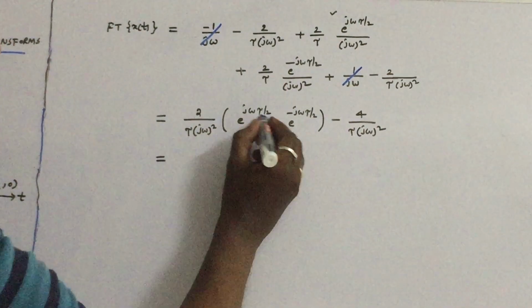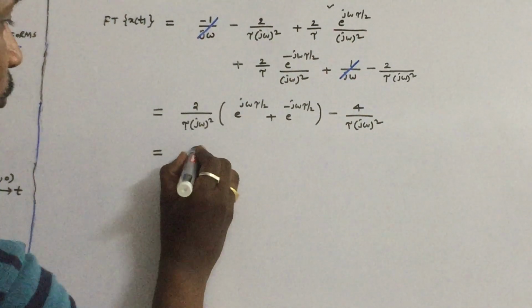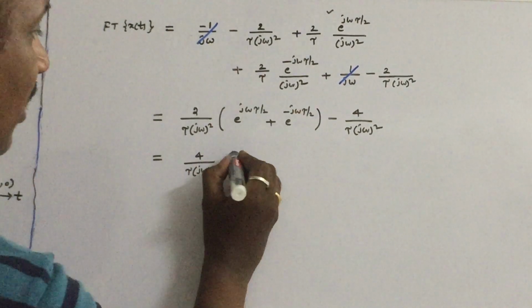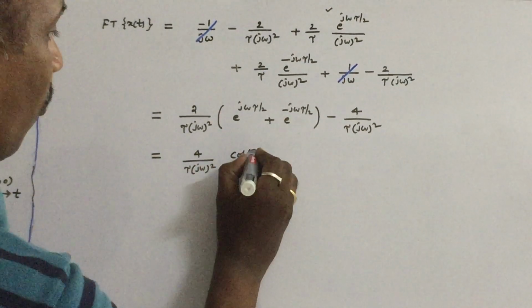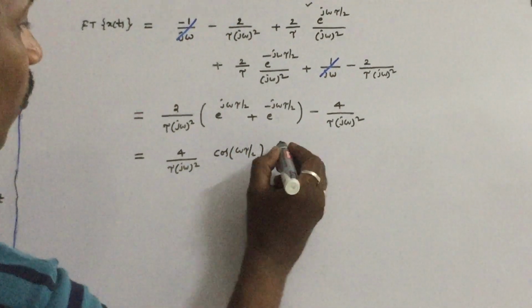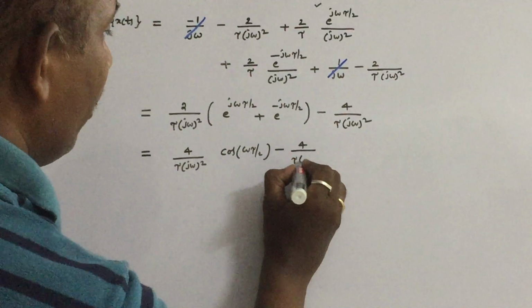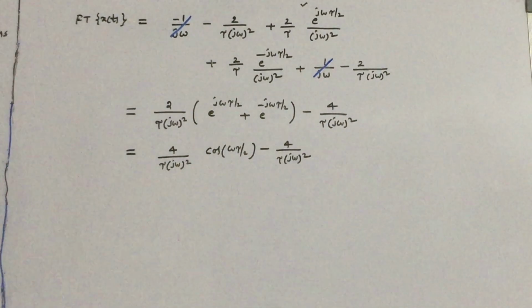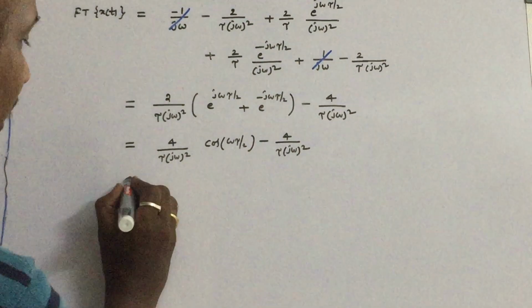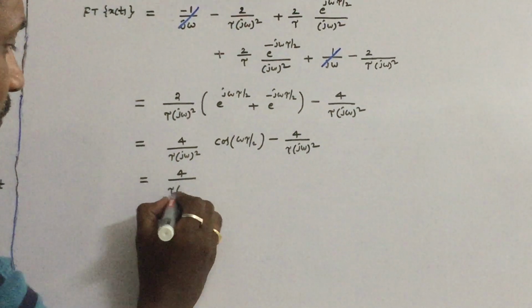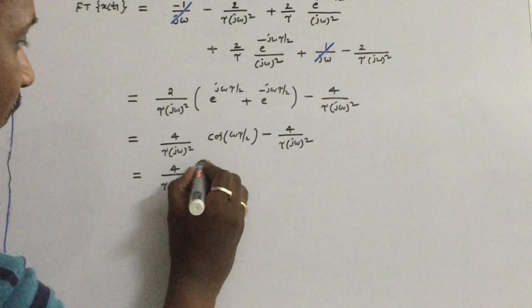You can see the answer for this. This is 2, 2 into 2, 4 by tau j omega whole square. This is written as cos omega tau by 2, minus 4 by tau into j omega whole square. From these two terms you can take 4 by tau j omega whole square as common.